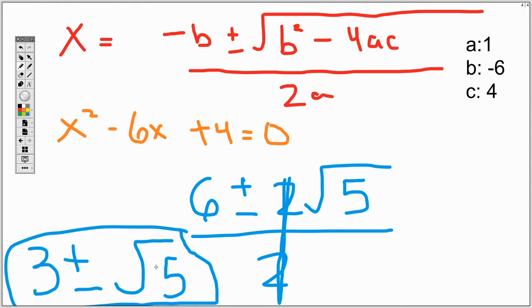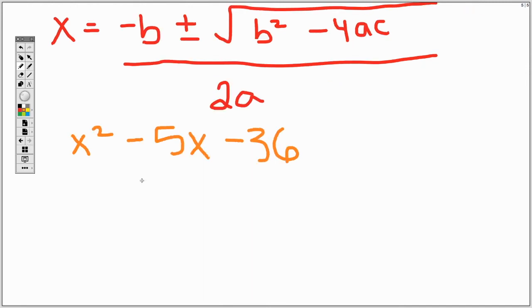So this is obviously something which we could not have gotten with our normal method. That's why you use the quadratic formula. Whenever we can't use that method, we do this. So now let's do our next problem. Here we have x squared minus 5x minus 36 equals 0.